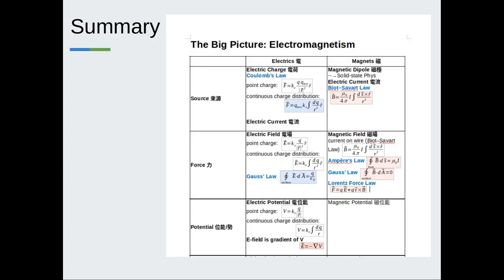好，那我们最后来做一个summary. This is the summary for the magnets, for the electromagnetism, and the part for the magnets. We added two important laws to the forces, to the space for the forces. One of them is the Lorentz Force Law, and the other one is the Gauss Law for the magnetic field. And here's just a comparison between Gauss Law for electric field and magnetic field.